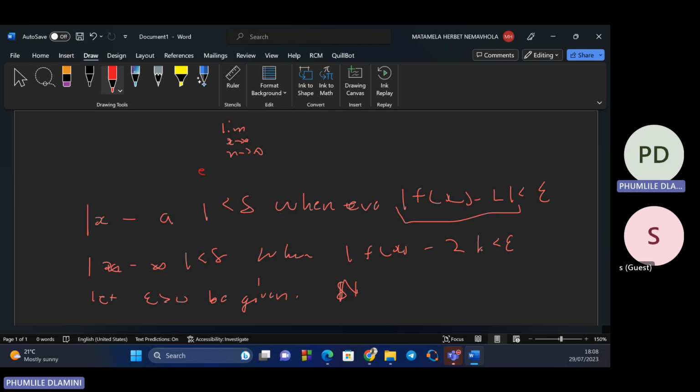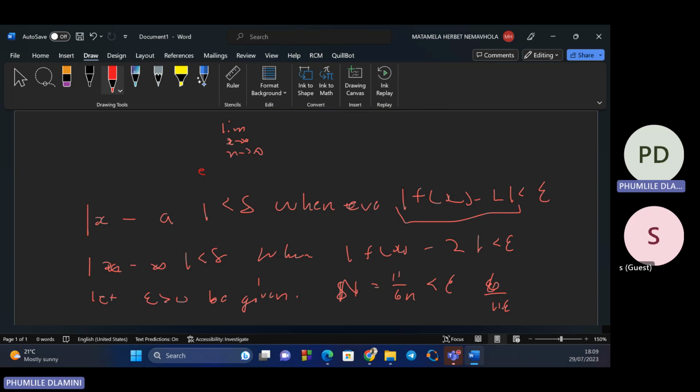This integer n is going to be equal to 11 over 6 epsilon. So we make it less than epsilon, so that we can know what epsilon is. When we make it less than epsilon and multiply, we get 6 over 11 epsilon. So that's how that epsilon comes from.